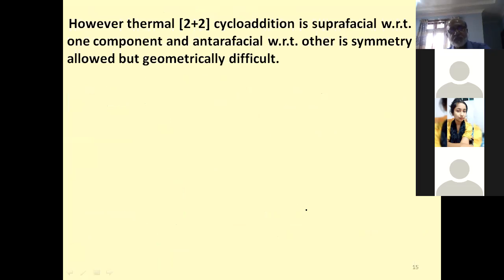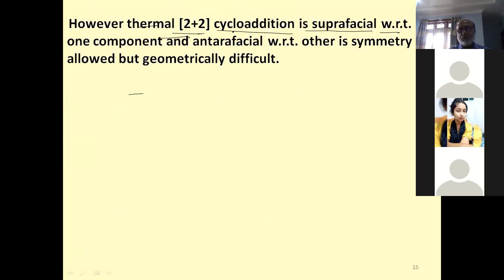Let us see another case. However, thermal 2 plus 2 cycloaddition, we are going back to thermal. Photochemical, we have seen, is supra addition.